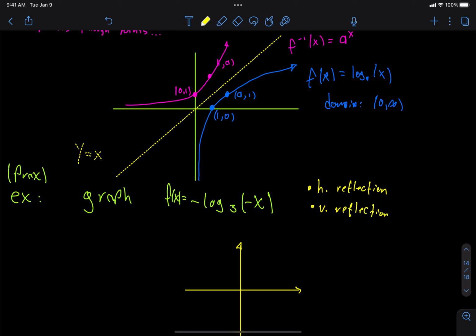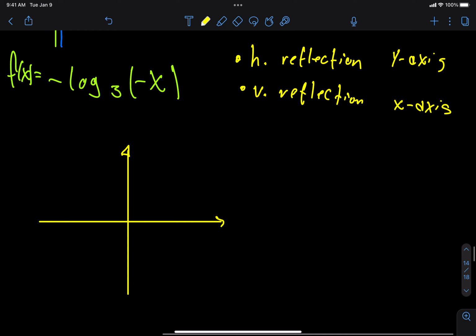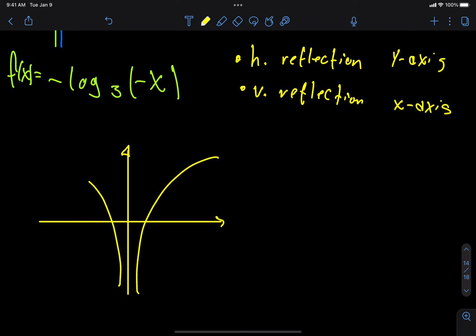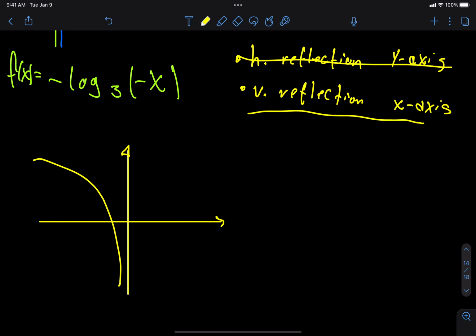If you want, you can say that these are about the y-axis and about the x-axis. So what does it look like if I take this function and I reflect it about the y-axis? It looks like this, okay? So that's this one done. And then what do I still have left to do? A vertical reflection about the x-axis. So instead of looking like this, it's gonna look like that.